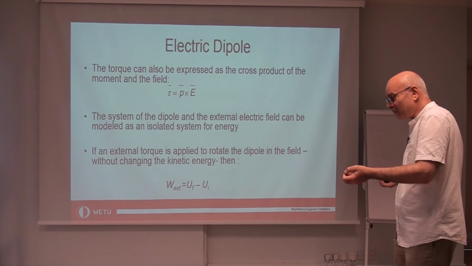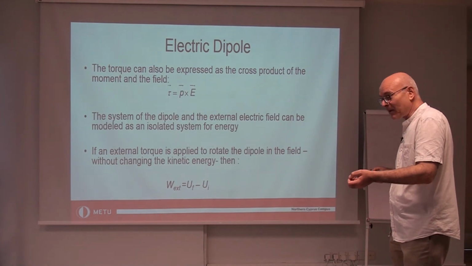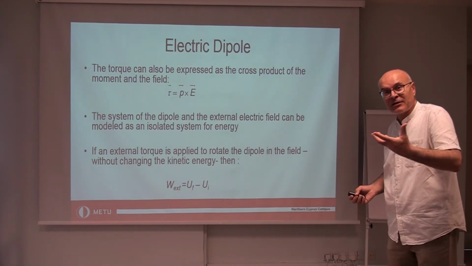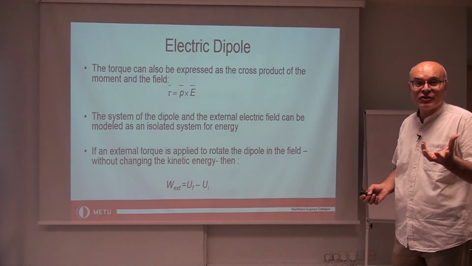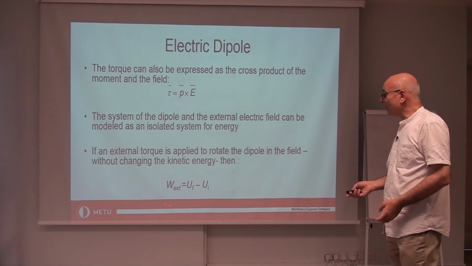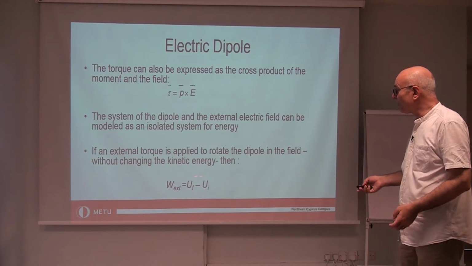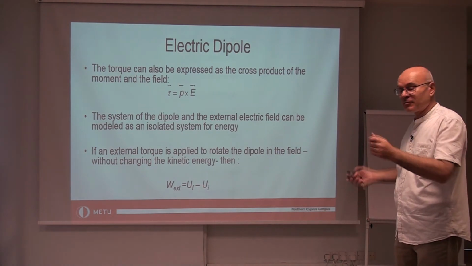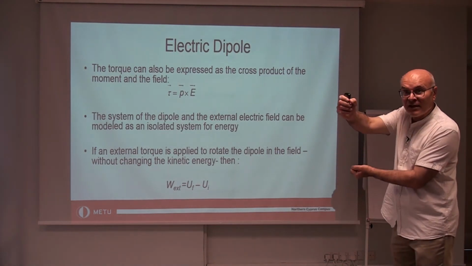So when an external torque is applied and tries to rotate the dipole, that actually increases the potential energy of the system. So I write that this external work should be equal to U final minus U initial, the change in the potential energy between the initial configuration and the final configuration.